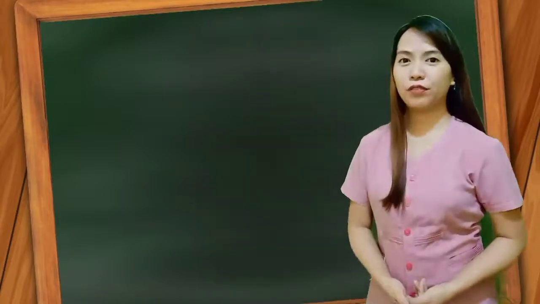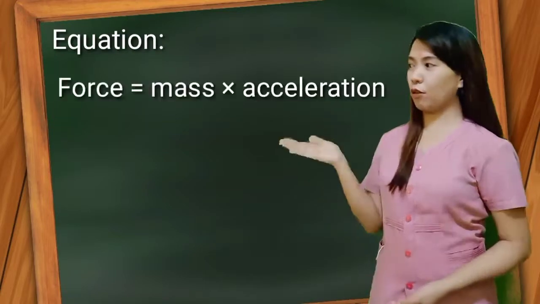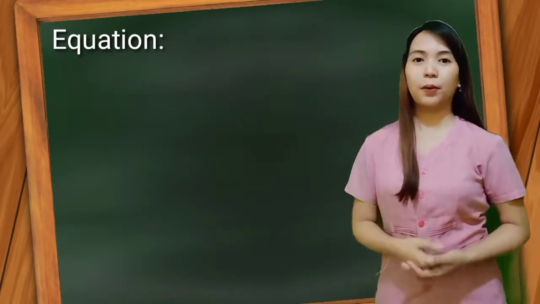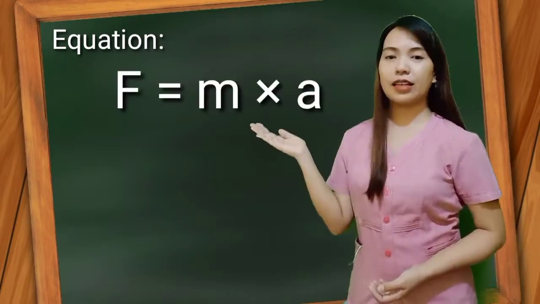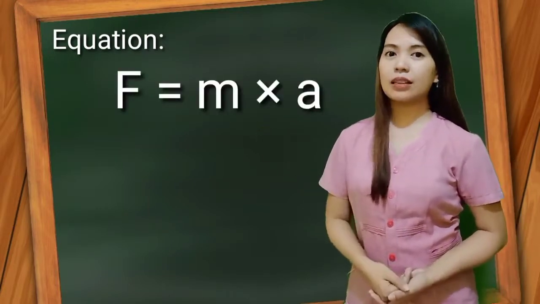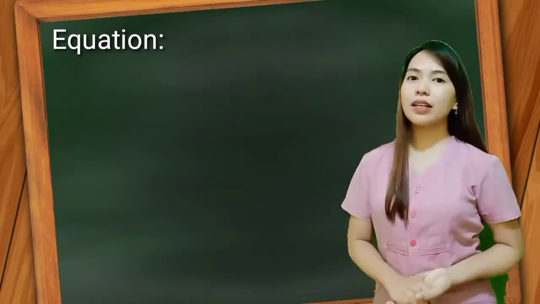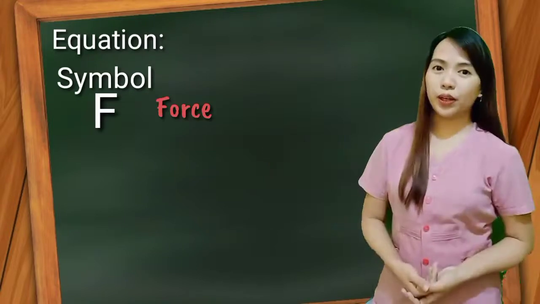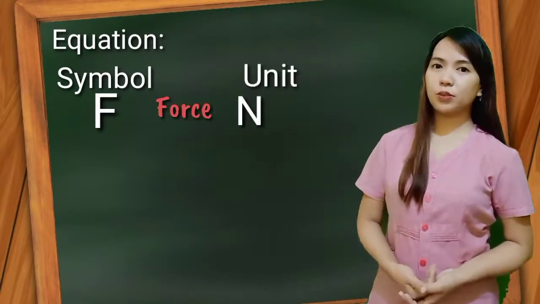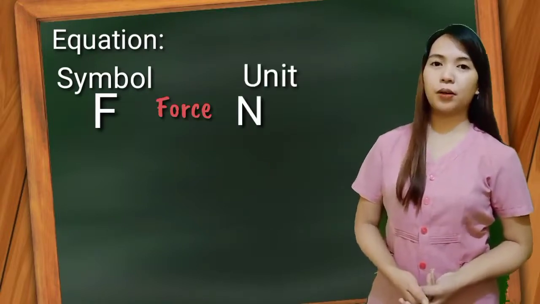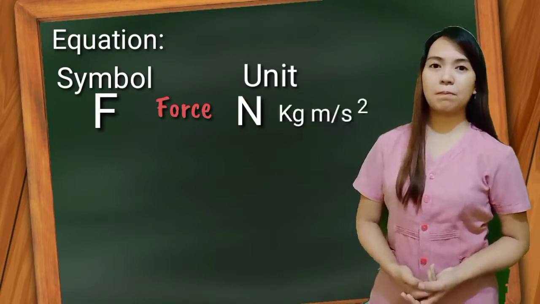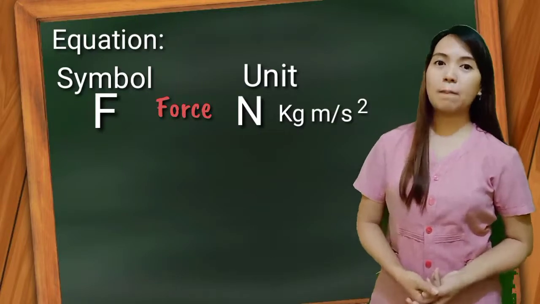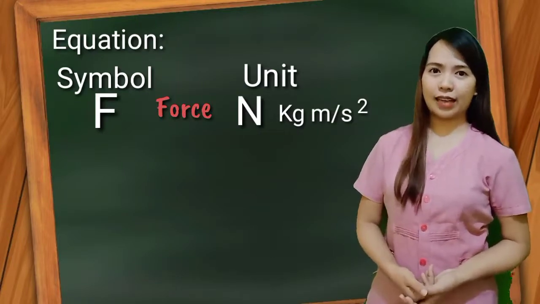This is the equation for acceleration. Force equals mass times acceleration, or capital letter F equals m times a. Capital letter F is the symbol for force. Newton is the standard unit for force, or kilogram meter per second squared, or we can read that as kilogram meter per second per second.